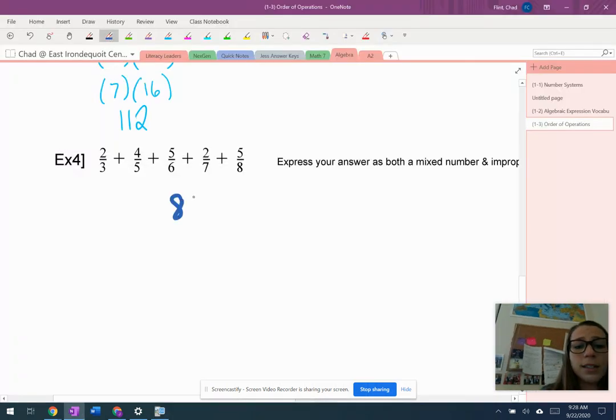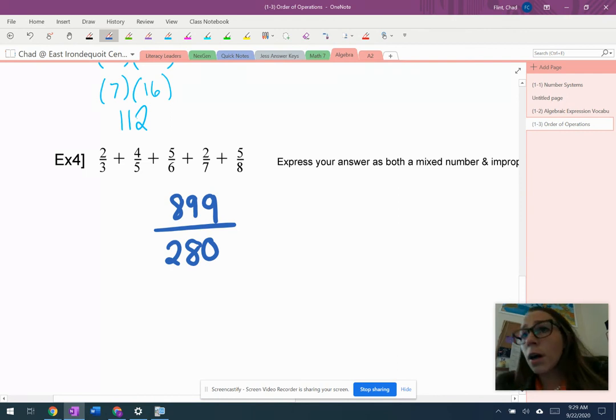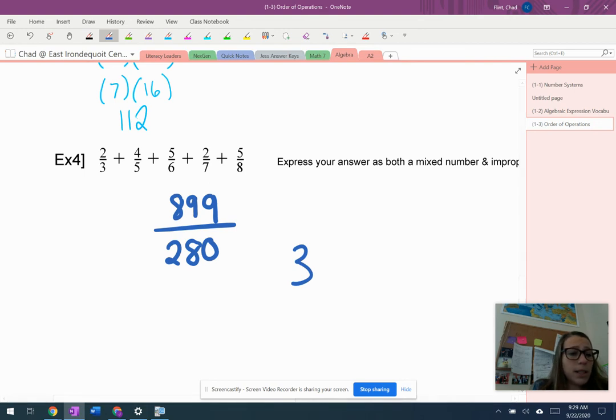So 899 over 280, which the mixed number would be, let's see here, 899 divided by 280 is 3, and then 3 times 280 is 840, and 899 minus 840 is 59, so 3 and 59/280ths, I think. 280 times 3 should give us 840, plus 59 gives us 899.